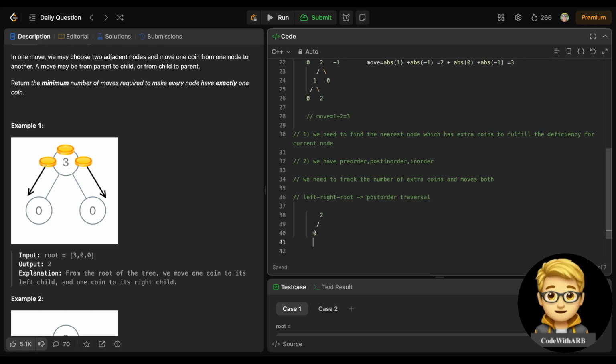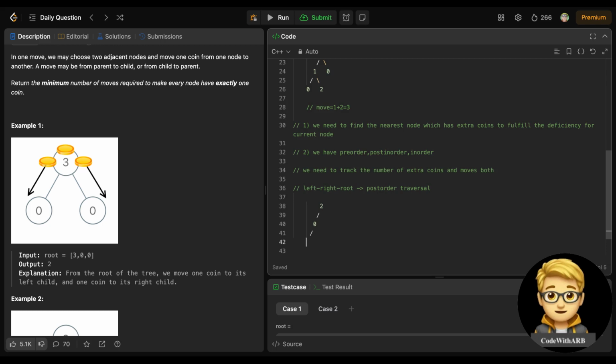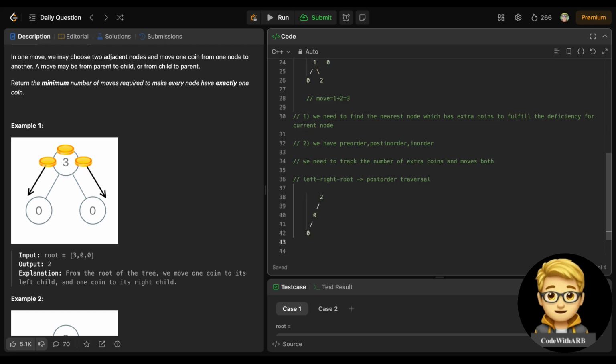Let's take it as 0 again, and this again 0, and this will be again 2, and this becomes 3. Let's suppose this is 3 given, and mark this as 1. So this is 0, and this comes as a 2, right?